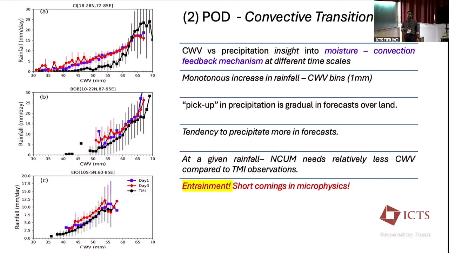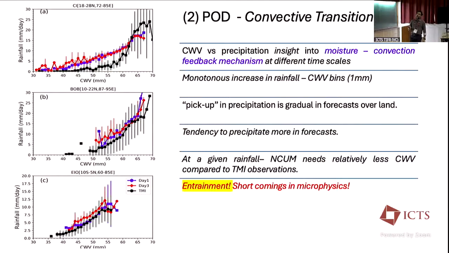So again, these are the three different regions of the Indian domain. When you look at central India, the average column water vapor from the model forecast, different colors show the different forecasts. The black one is your observed, that is from the TRMM TMI. The red is your day 3 forecast and blue is your day 1 forecast.